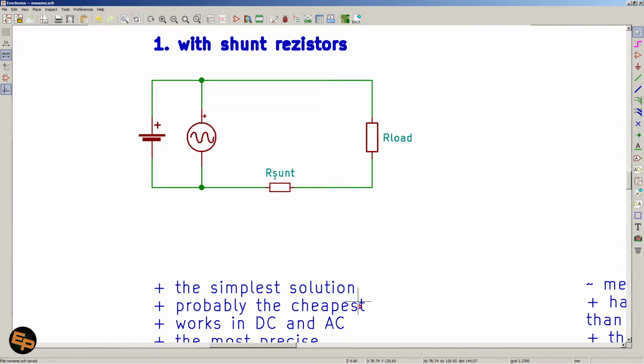It's probably also the cheapest solution because, well, what can be cheaper than a resistor, right? It's true that it needs to be a somewhat power resistor. How powerful, well, depends on the current and its value, but even so, it cannot get to be too expensive, so it's probably the cheapest solution that we can have.